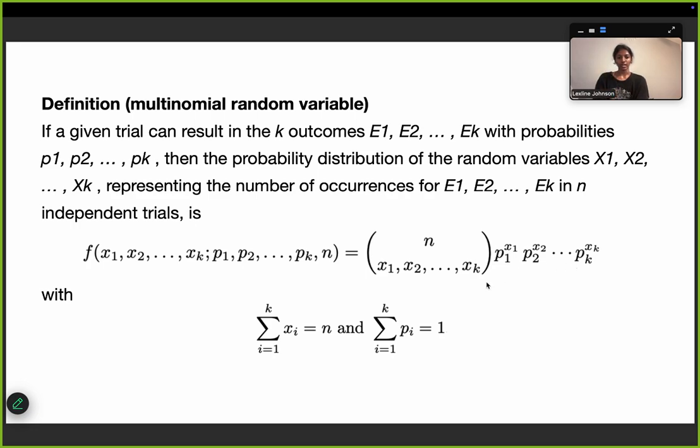In the other one we only had 2 possible outcomes, so we only had p for success and failure, but now we have it for each possible outcome. And the summation of the x_i from i equals 1 to k is n, where n is the number of trials, and all of our probabilities need to add to 1.